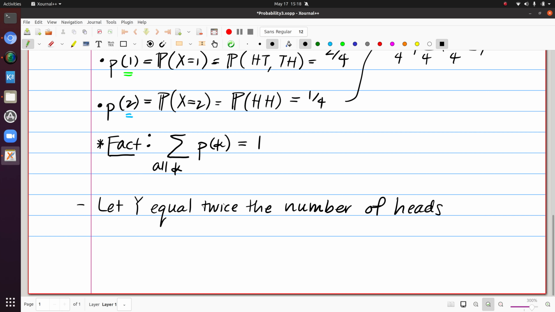The difference now is that the range of my new random variable y is 0, 2, or 4, if you think about the possible number of heads and double it.